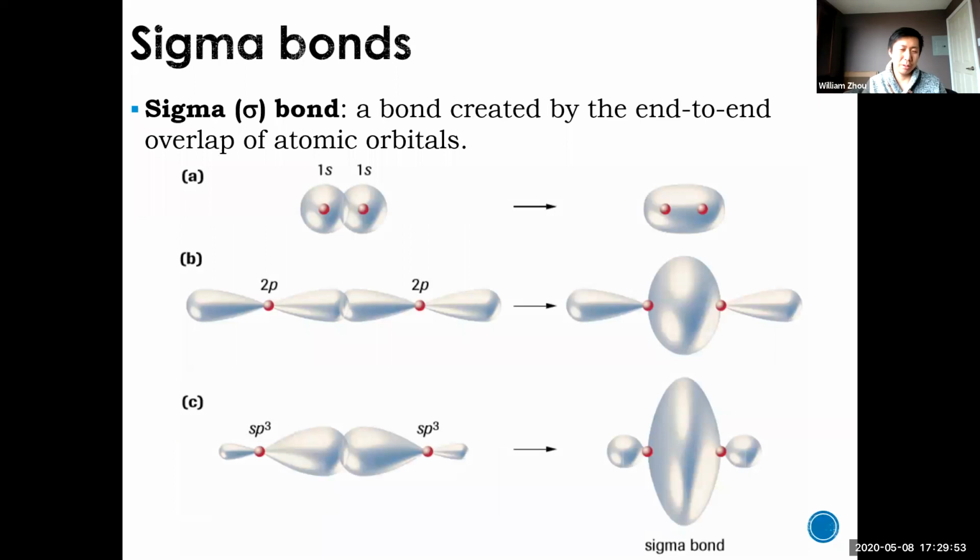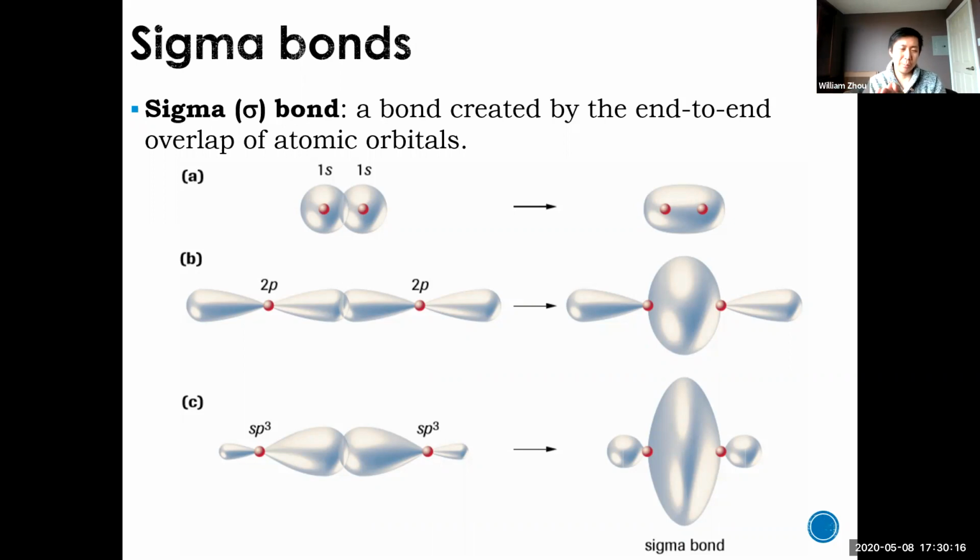Let me show you some examples to illustrate this. First, sigma bonds. If you have 2 s orbitals, that's easy. Just come together, and that's a sigma bond. If you have 2 p orbitals, nothing changes. The overlap lobe gets proportionally bigger and the other lobe gets smaller, so most electrons are found in between.